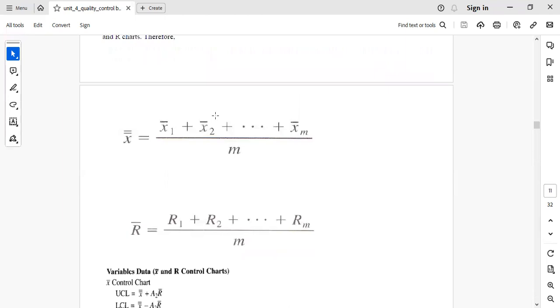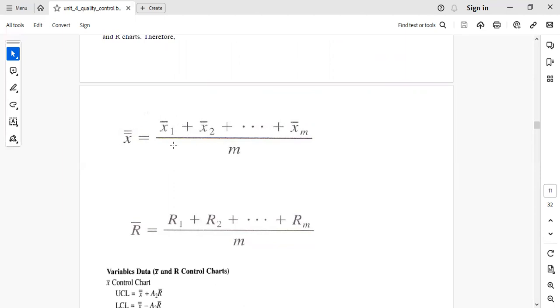So when we talk about the X-bar chart, you have several samples, and from each of the samples you get its mean. You can have, say, 10 samples, and each has a data set of possibly 5 values, 4, 7 values, and so forth.